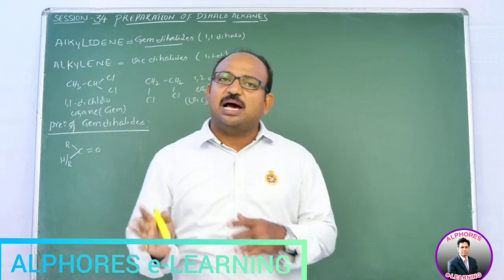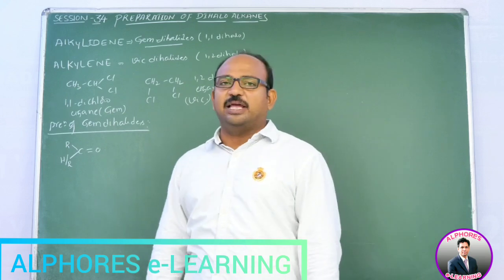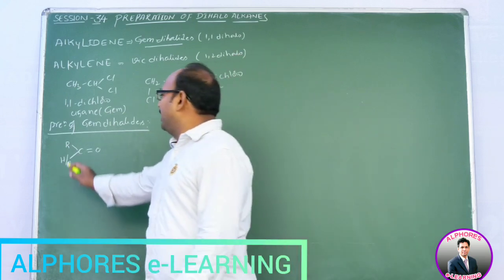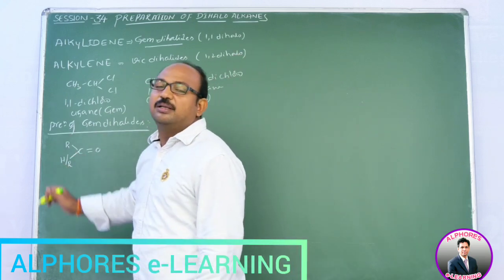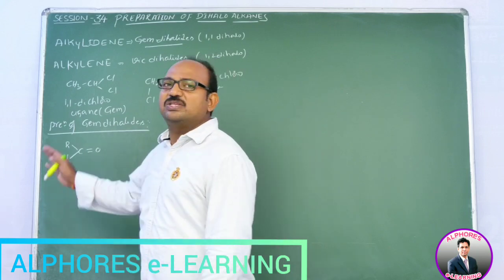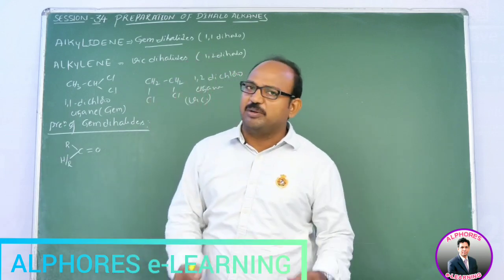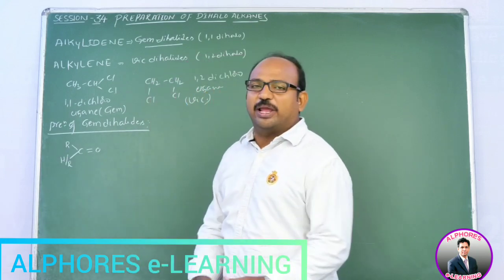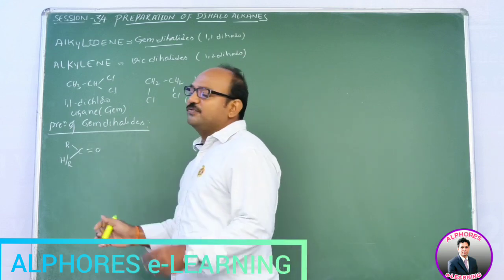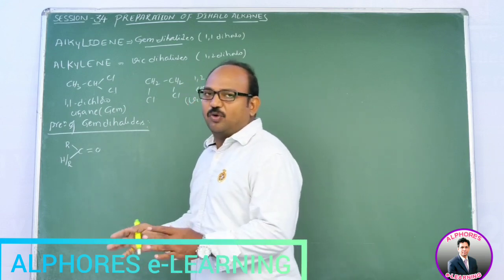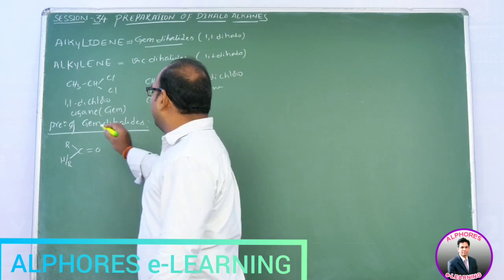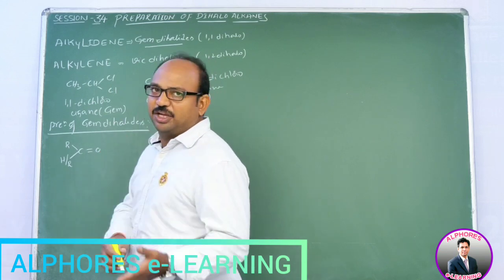If it is RCHO, then that is an aldehyde. If it is RCOR, that is a ketone. HCHO is formaldehyde. So carbonyl compounds are compounds which contain C=O as a functional group. There are two types, aldehydes and ketones.